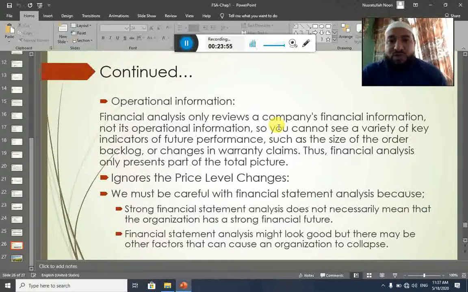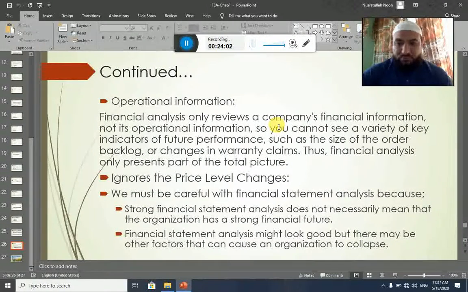So then we can end up making a wrong decision. If we only base our decisions on the results of the analysis of the financial statements, we could be misled.